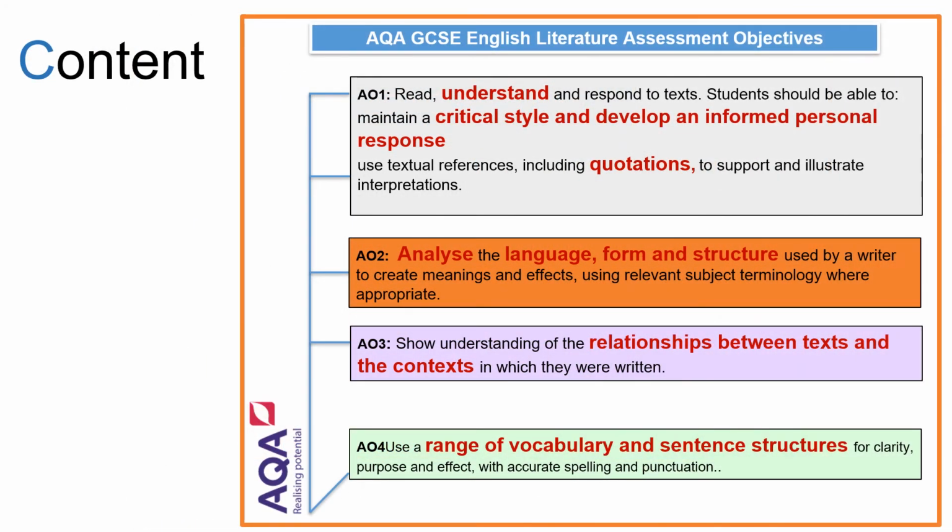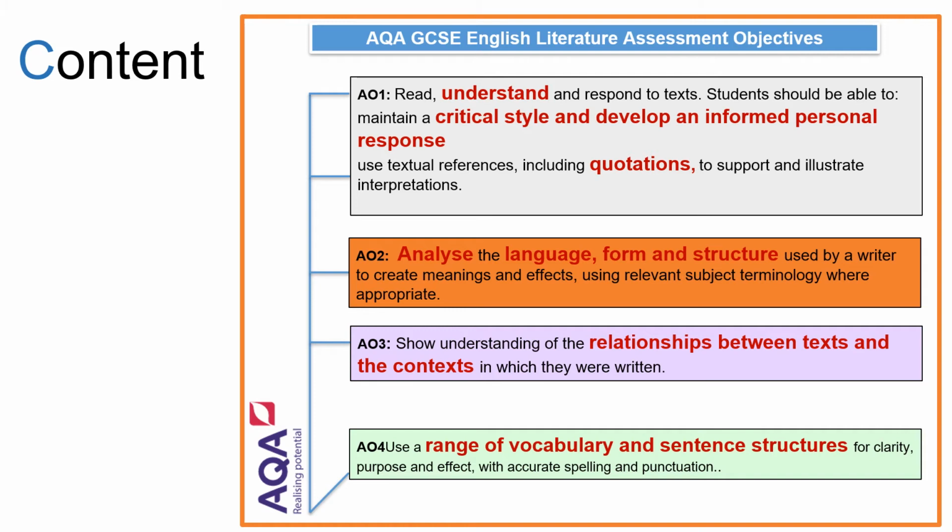AO1 is where students are expected to read, understand, and respond to texts, where students should be able to maintain a critical style and develop an informed personal response. Students are also expected to use textual references, including quotations, to support and illustrate interpretations.